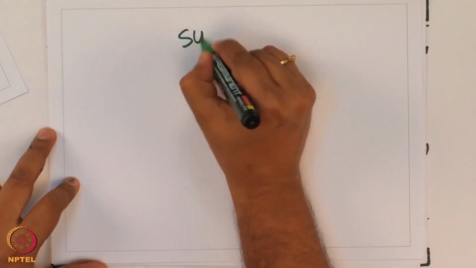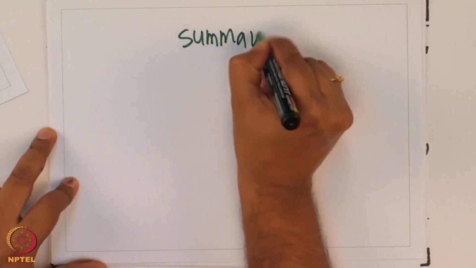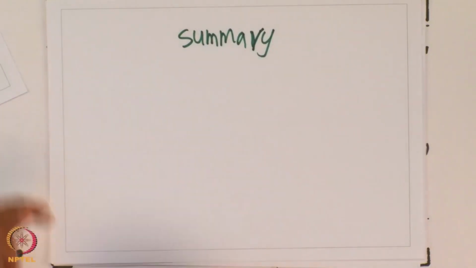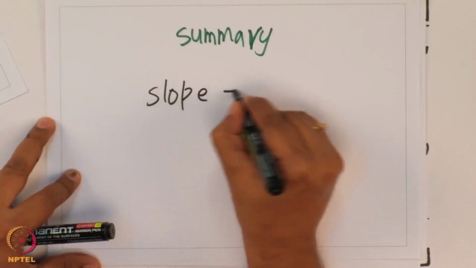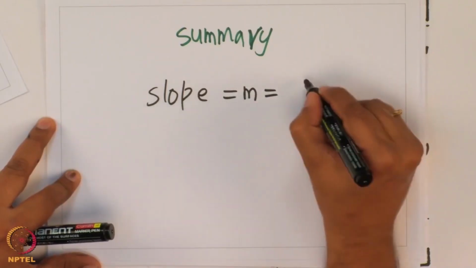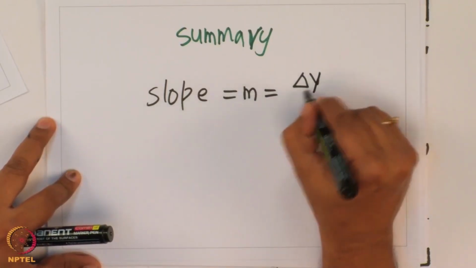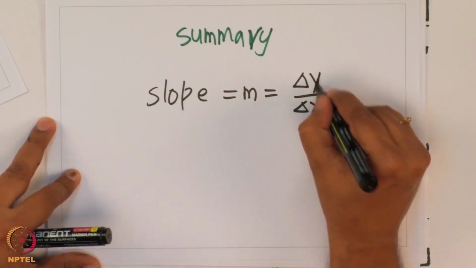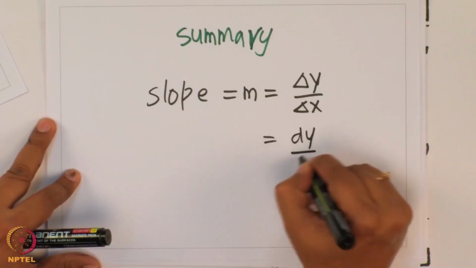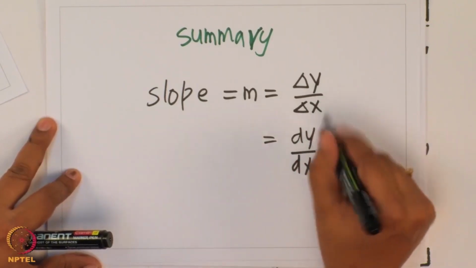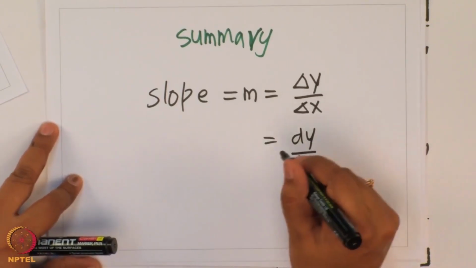To summarize what we did so far, we talked about slope, which we call m, which is delta y by delta x, change in y divided by change in x, which we also call dy by dx; at the moment they are the same.